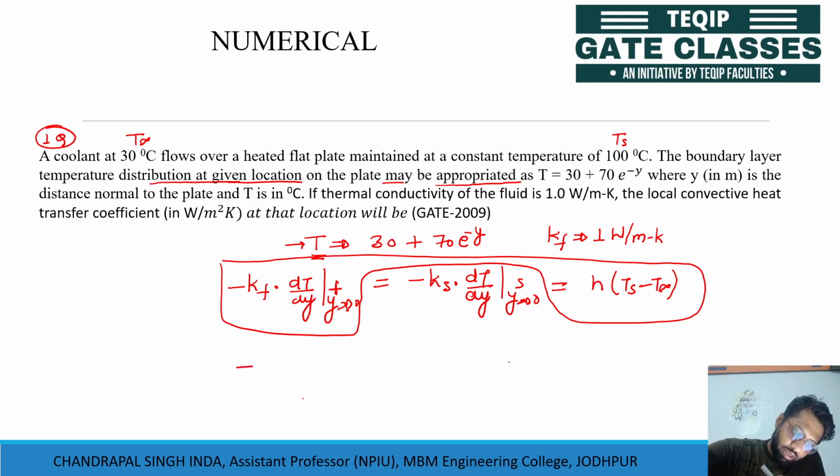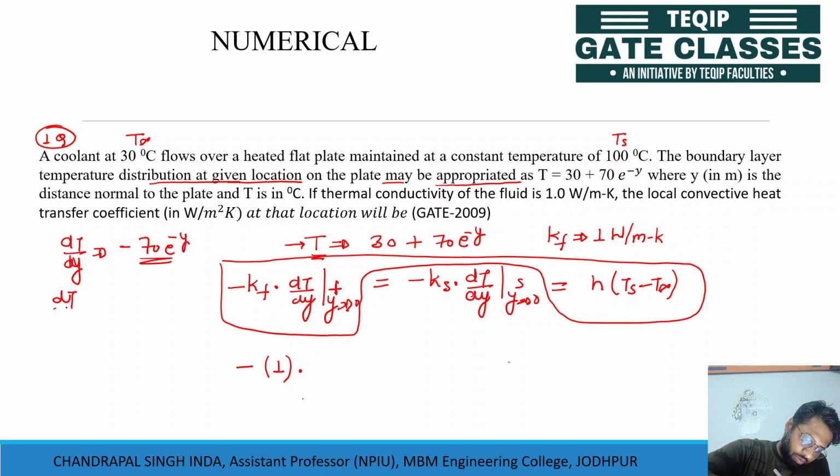Minus Kf is 1, and dT by dy is equal to minus 70 e to the power minus y.